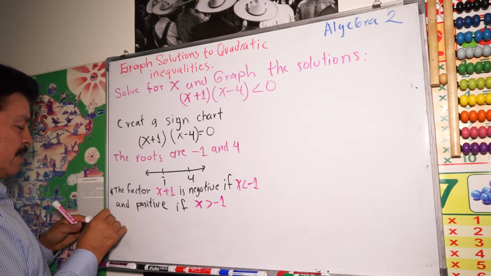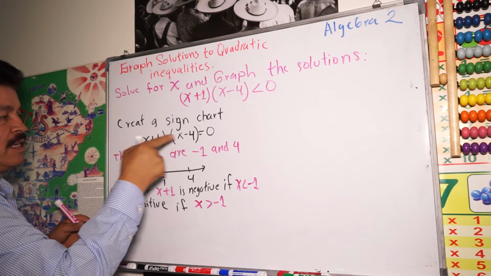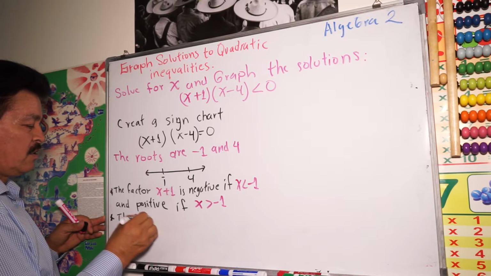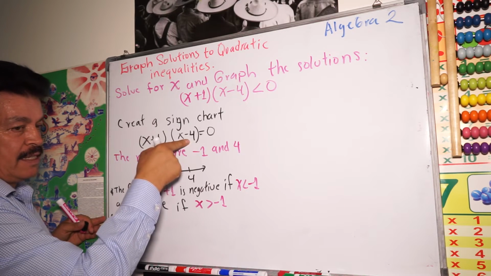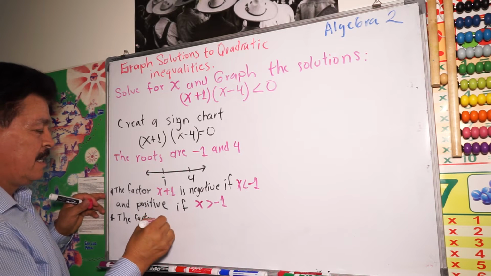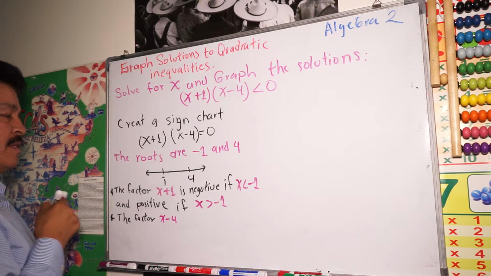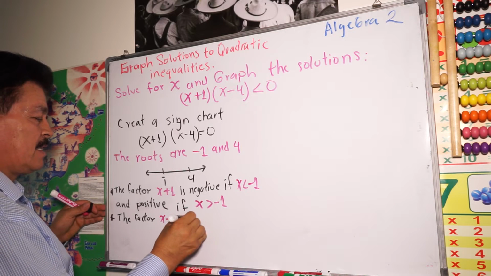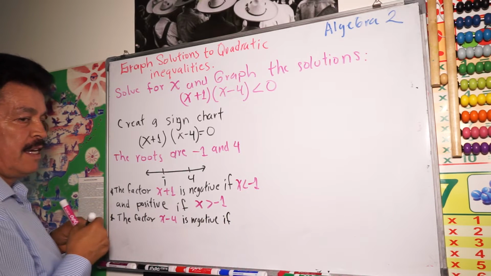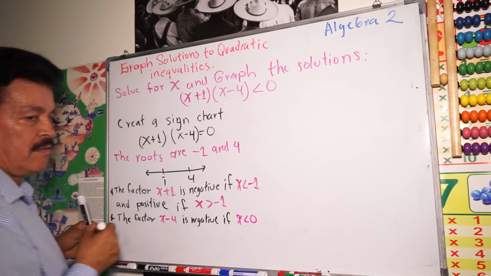Second thing right here. This is one factor, and this is the second factor, the factor x minus 4. This factor x minus 4 is negative if x is less than 0.